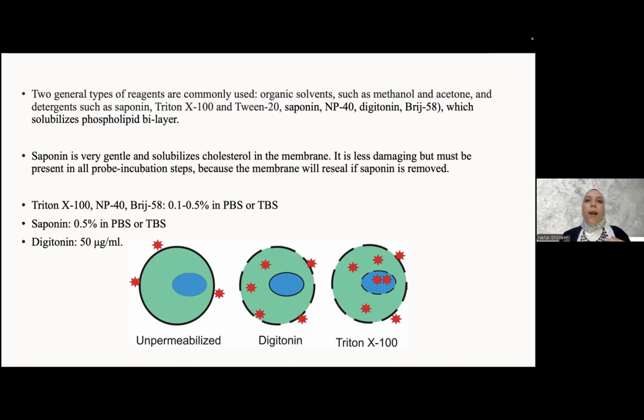Okay, the recommended concentrations of these detergents for permeabilization are 0.1% to 0.5% of Triton X-100 dissolved in PBS or TBS, saponin 0.5%, digitonin 50 micrograms per ml.